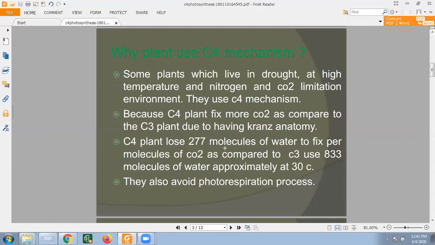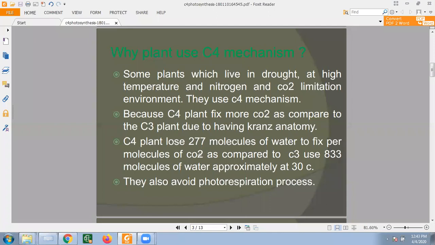Only after completion of the C3 cycle is carbon fixed; otherwise it is not possible. C4 plants fix more CO2 compared to C3 plants because of their Kranz anatomy. A particular anatomical structure can be seen in these C4 plants, named Kranz anatomy.